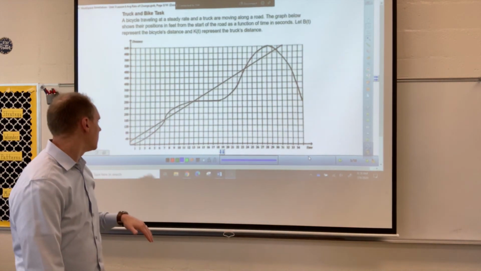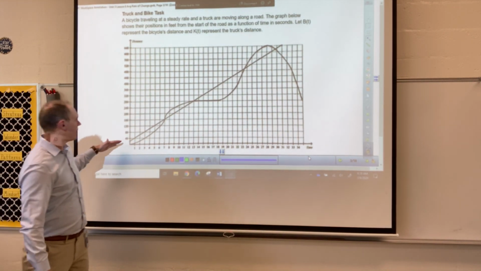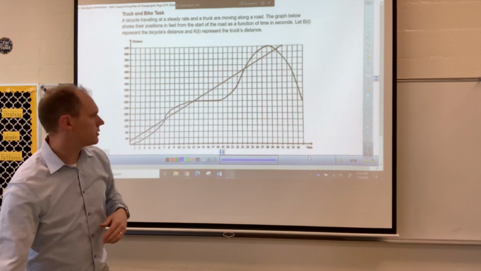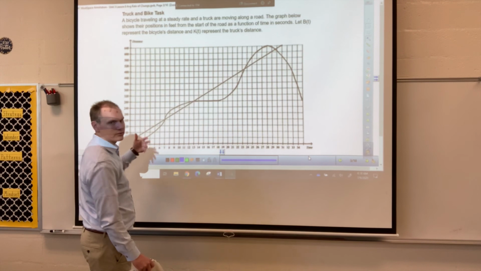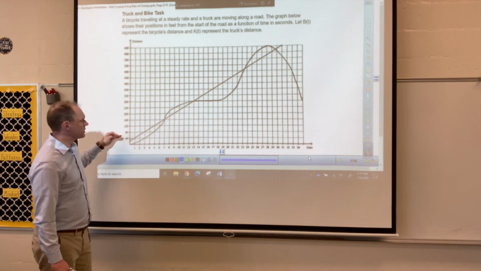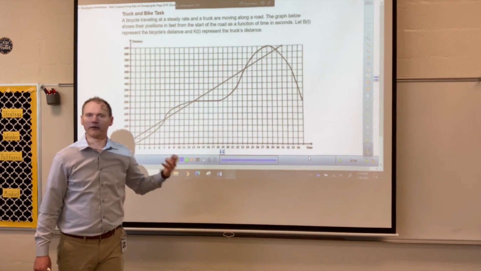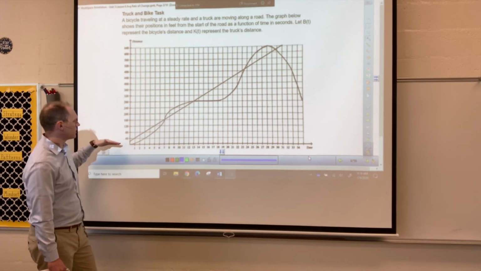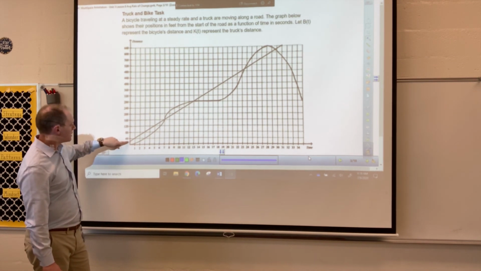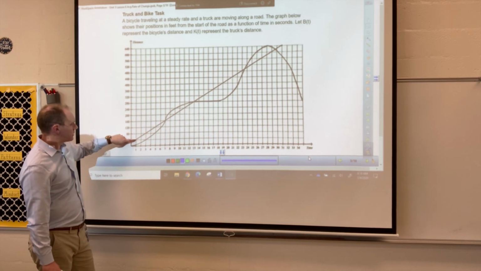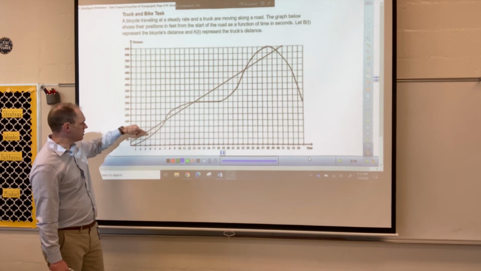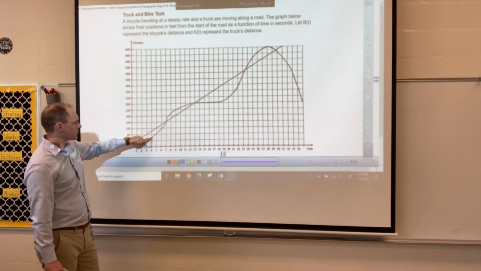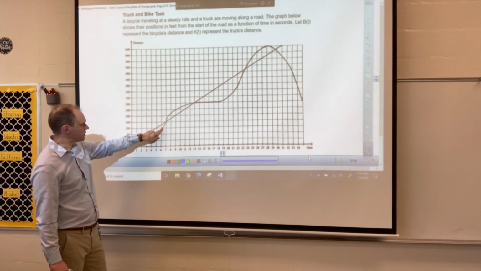The bicycle is on the side of the road, on the bicycle path, and so he doesn't have really a whole lot of restrictions. Whereas the truck has to stop for different things and worry about the other cars that are on the road and that kind of thing. So the bike kind of gets a head start here and is moving along the road, and then the truck, because the truck is faster, kind of increases really quickly in here.